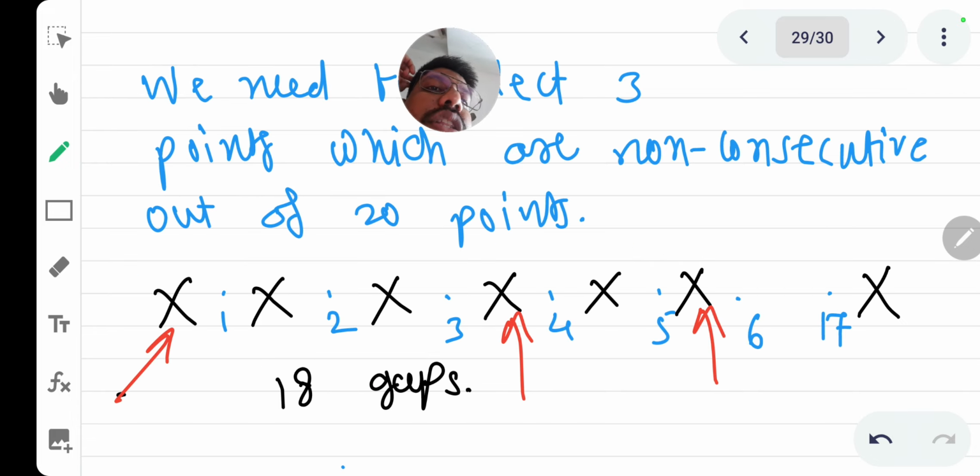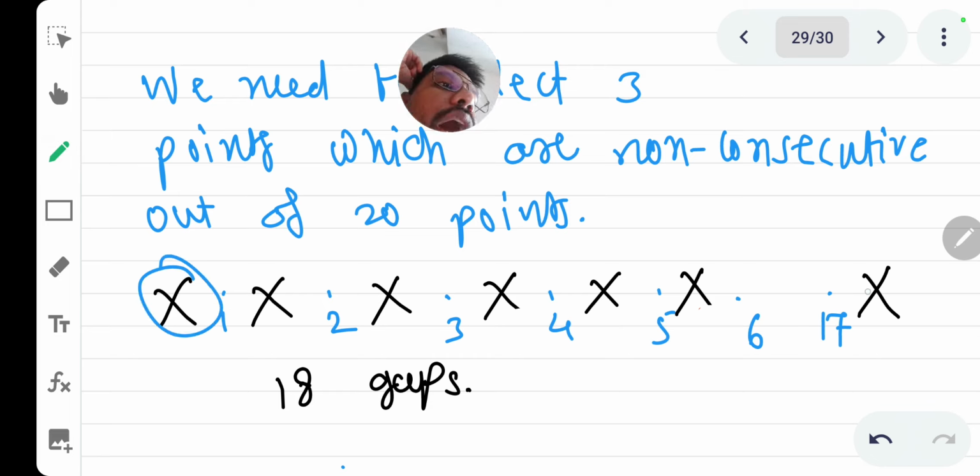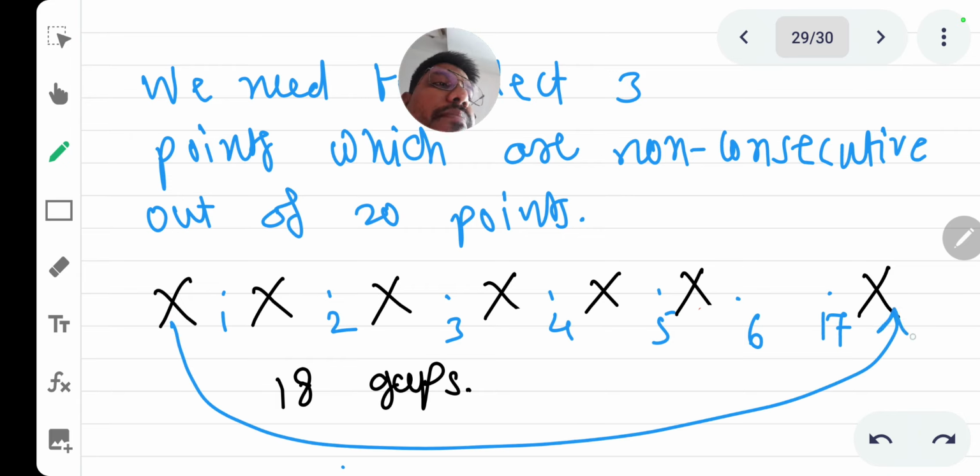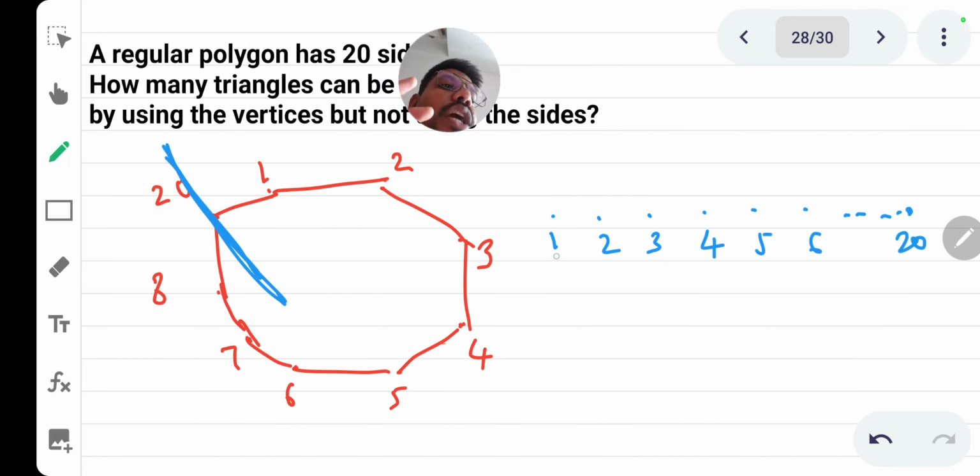So what will happen if I selected this gap before 1 and this gap after 17? Because we have cut the figure, but in short that will be joined to form a closed loop. So this gap and this gap is the same, right? Because 1 and 20 are consecutive.